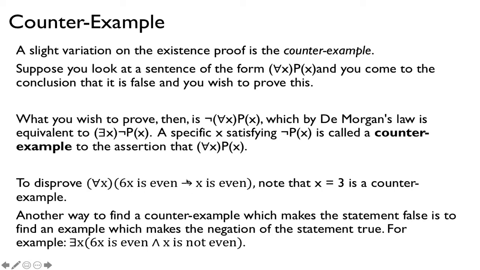If I negate a conditional, if A implies B, the negation of that is A and not B. So the negation of this is there exists an x such that 6x is even and x is not even. If I can find one example that makes this true, then I found a counterexample to the original statement.